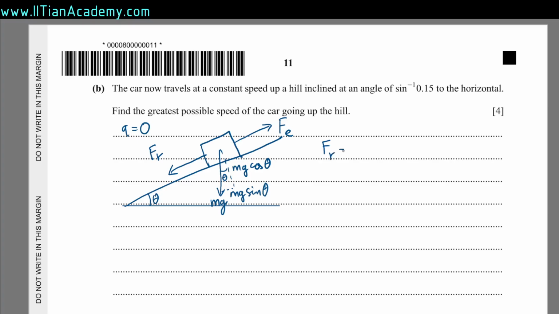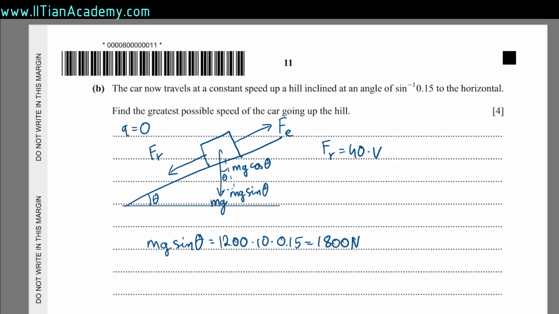We know that the resistive force is just 40 times the speed of our car. And then we can say that mg sine theta is just 1200 times 10 times 0.15. And this is 1800 newtons.